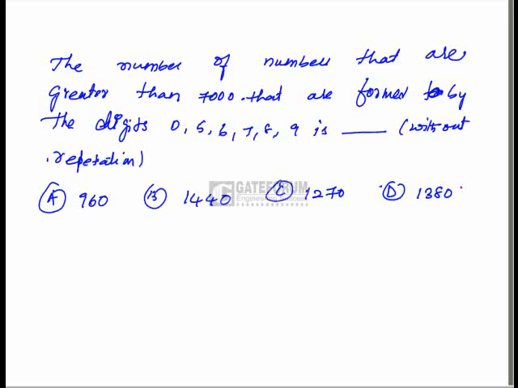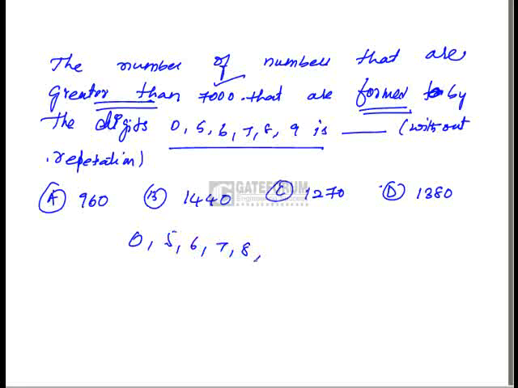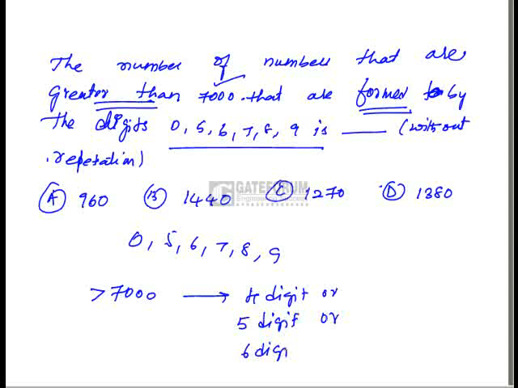Find the total number of numbers that are greater than 7,000, which are formed by the digits 0, 5, 6, 7, 8, 9. Now, the numbers greater than 7,000 can be 4-digit, 5-digit, or 6-digit numbers.